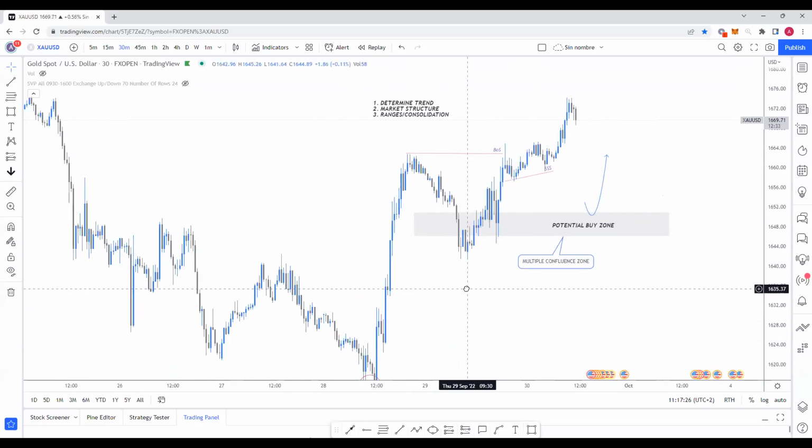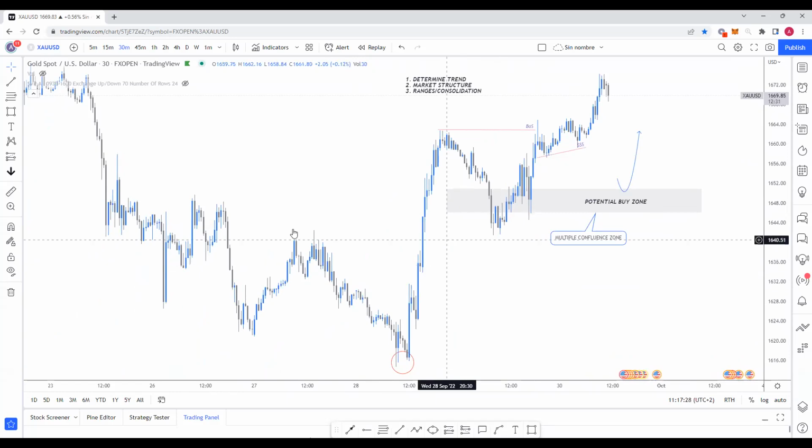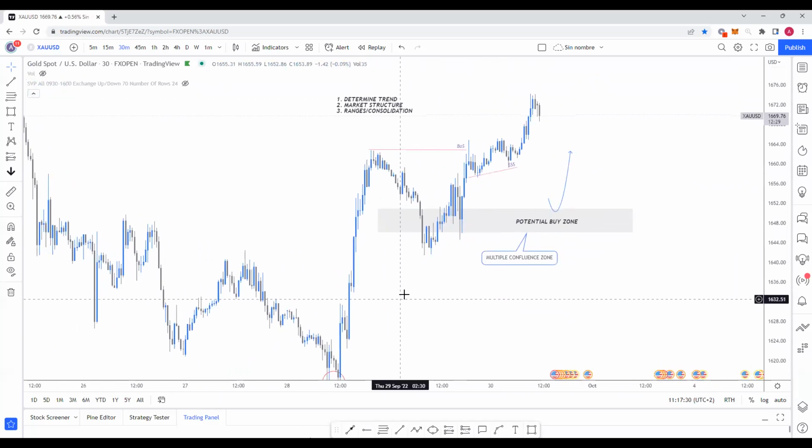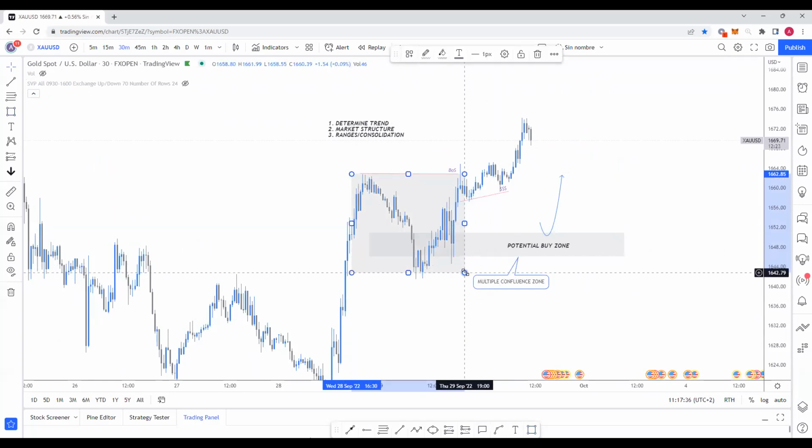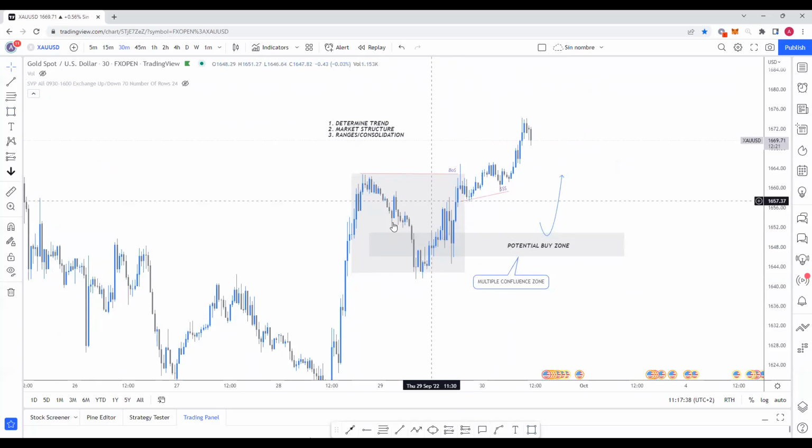So I try to always fit in a range. In this case, we see the past 2 days' range or consolidation was this. For the past 2 days, price was trading inside this area until tonight, when price broke out. So we see the consolidation and we see a break above this consolidation.